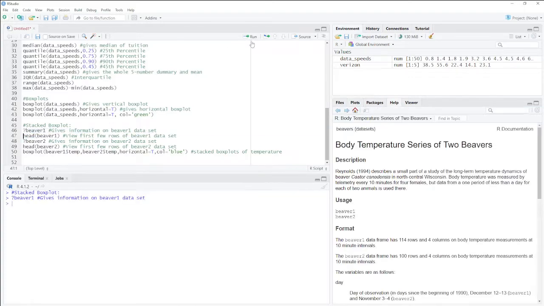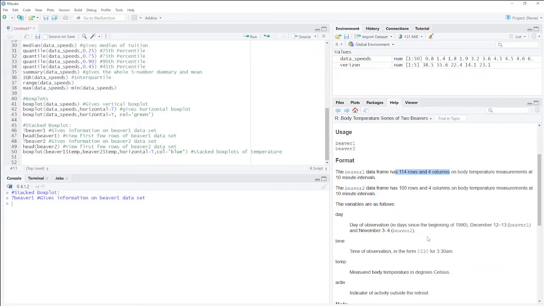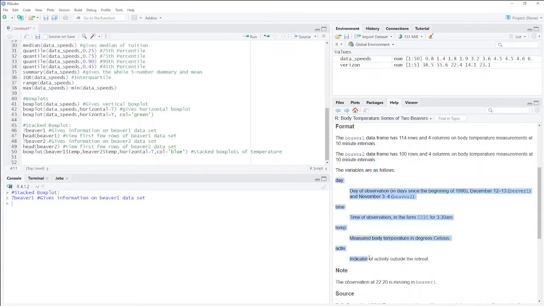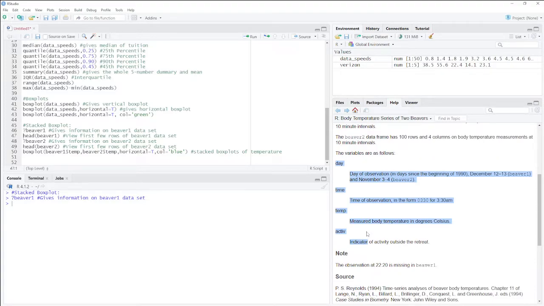When I run that, it'll bring up all the documentation R has on this data set. It's from 1994. It looked at temperature dynamics of beavers in Wisconsin. It has 114 rows and 4 columns. It has all of these variables and so on.